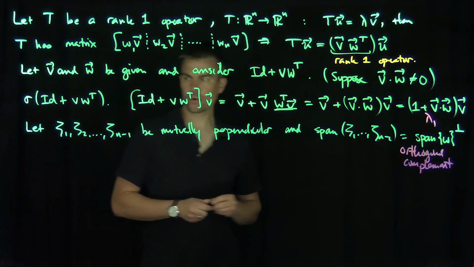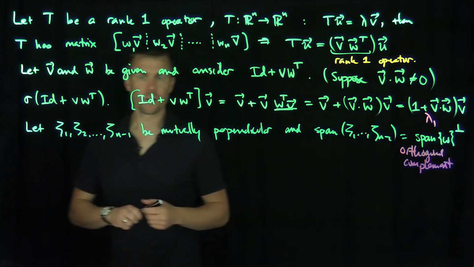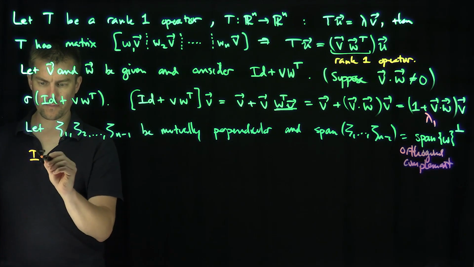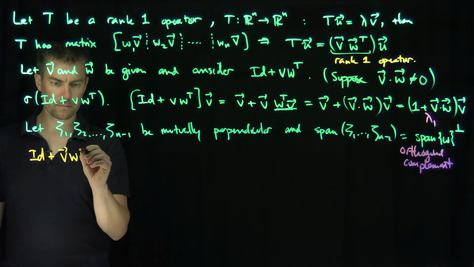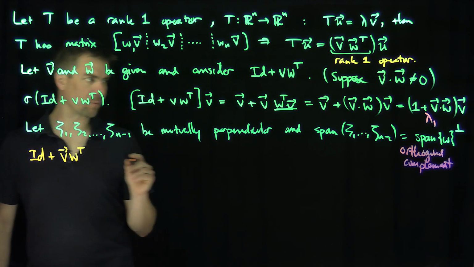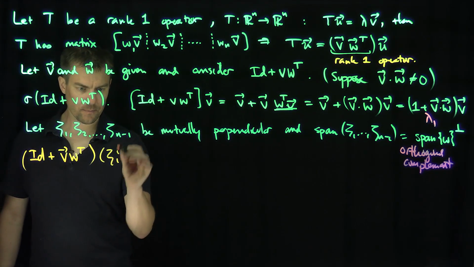Okay, great. And so now let's plug these zetas into the formula and see what we get. If I look at the identity plus v w transpose applied to any of these zetas, zeta i, what are we going to get?